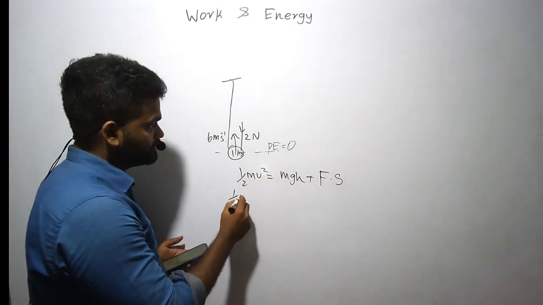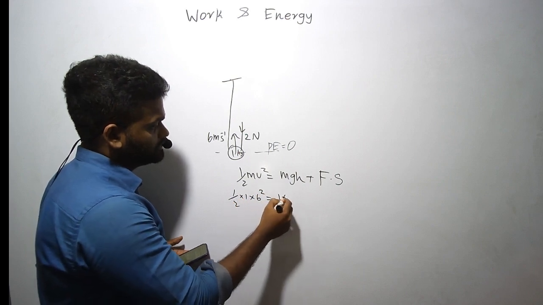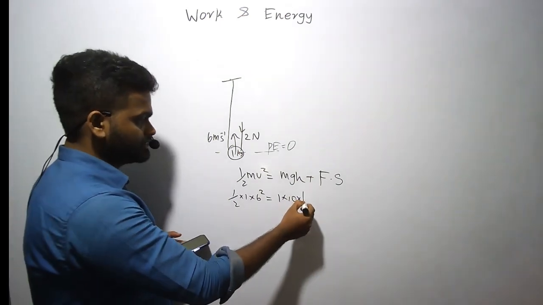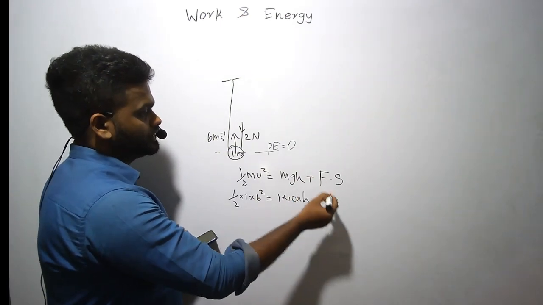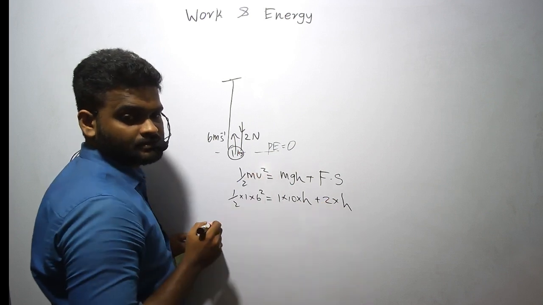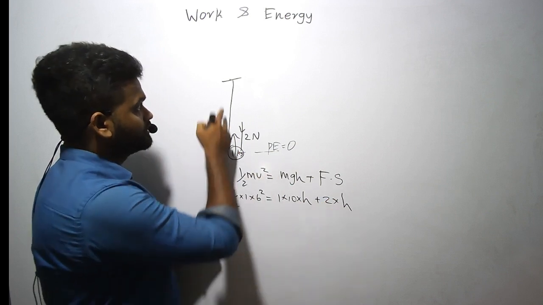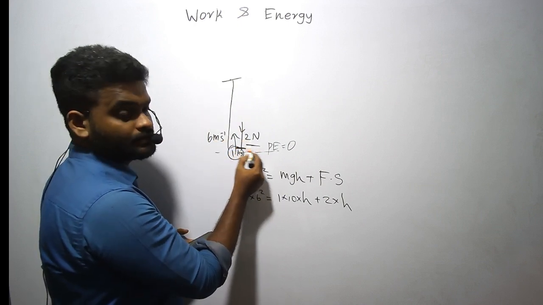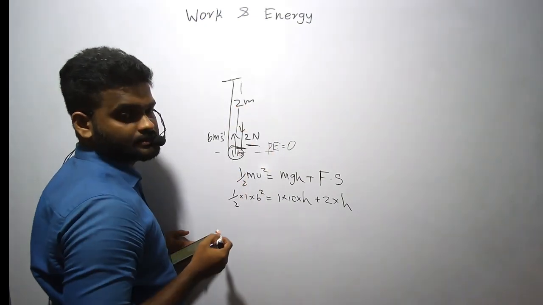Okay, let's substitute: half, 1, 6 squared, equals 1, 10, height is what they ask, plus force is 2. Here s is h. s is h. Understood? This resistive force acts for a 2 meter height, 2 meter distance.